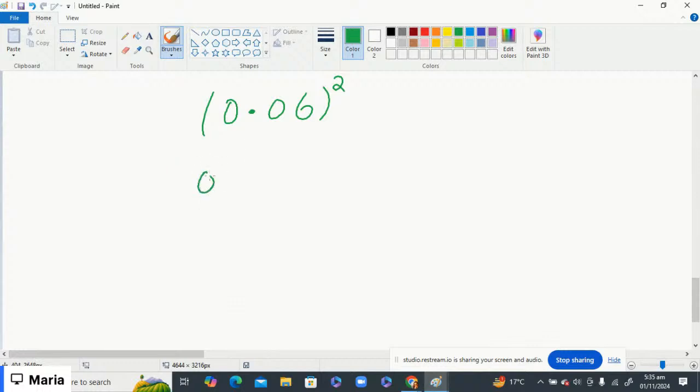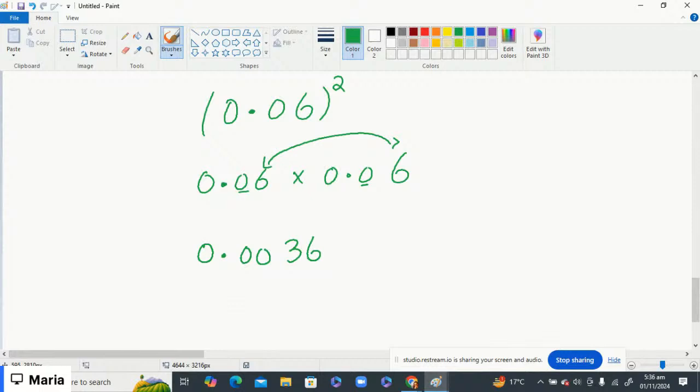We are going to solve 0.06 times 0.06. Look here, guys, very carefully. Before the point, it's 0. But after the point, how many zeros are here? 2 zeros. So you put 2 zeros. Okay. And then just multiply 6 times 6, that is 36.